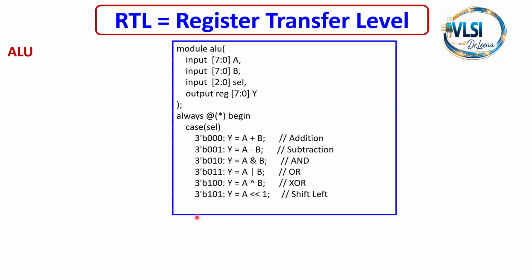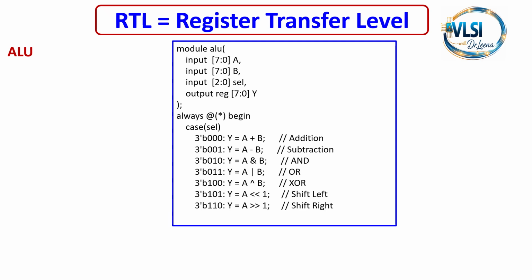When sel is 101, it does the left shift. That is, it moves all bits one position left. That is, if A is equal to 5, after the shift, the result becomes 10. That is, left shift equals multiply by 2. So it does the shift left operation.